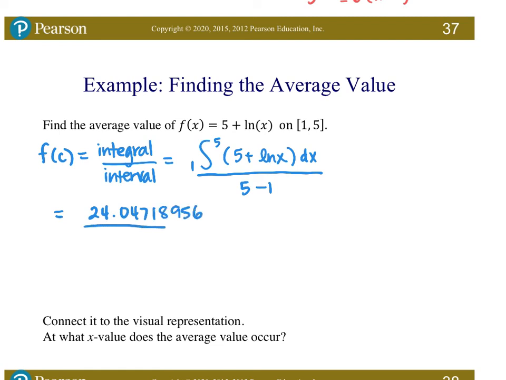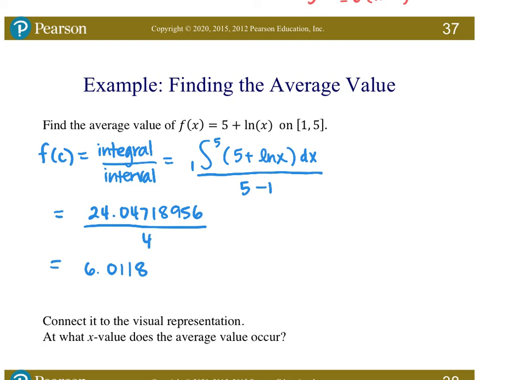And all of that is over 4, 5 minus 1. So the solution is 6.0118. That is called the average value.